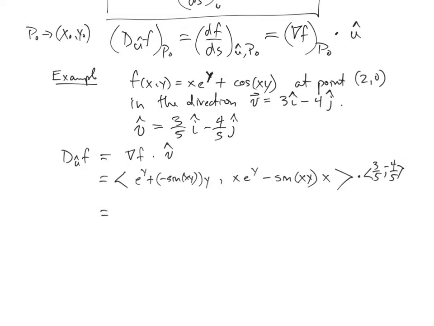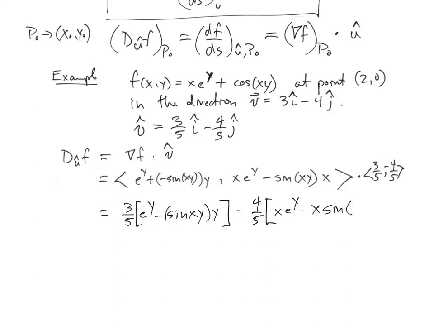So we're going to end up with 3/5 times the quantity e to the y minus sine of xy times y, minus 4/5 times the quantity x e to the y minus x sine of xy. Okay, so that's my derivative in the direction of u hat.